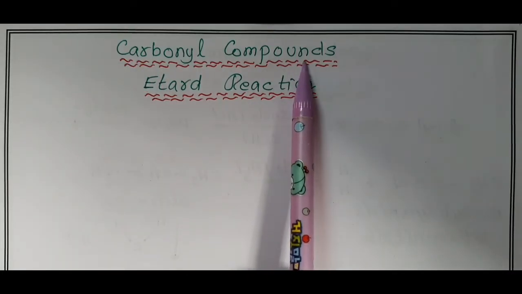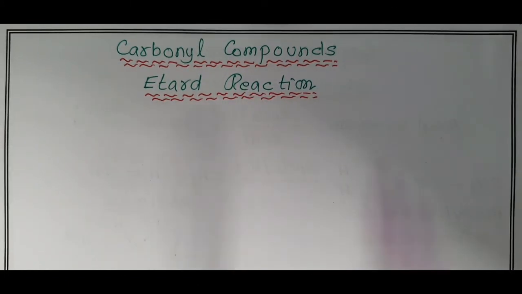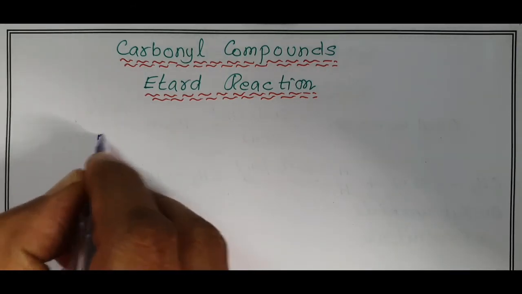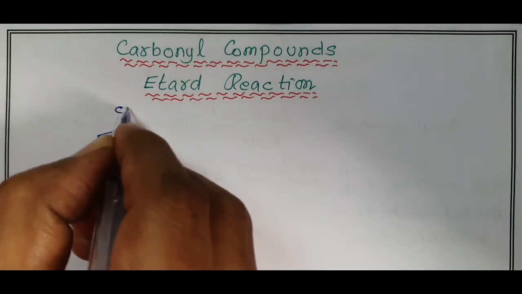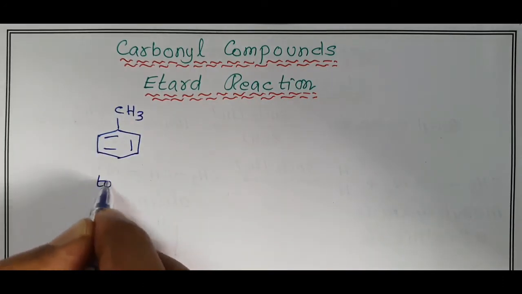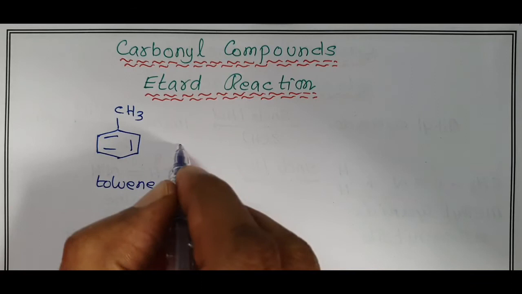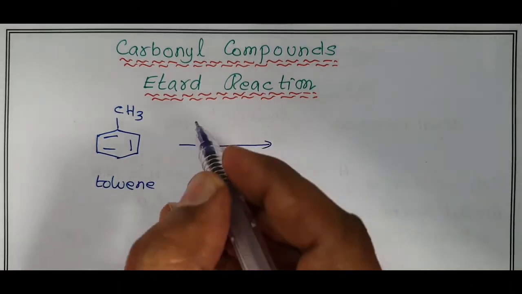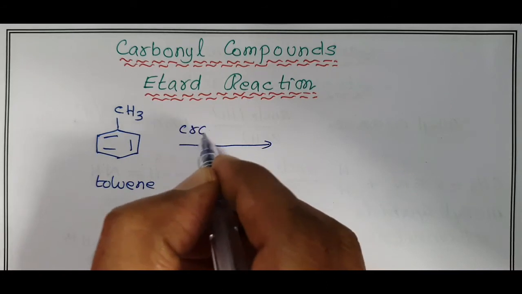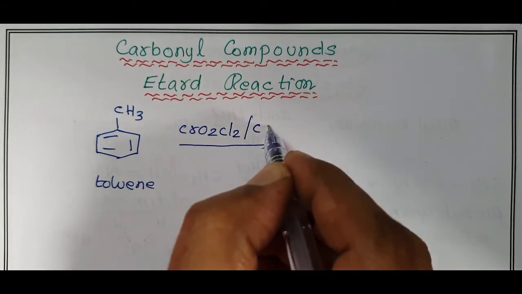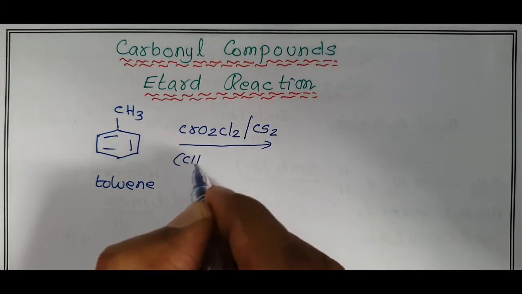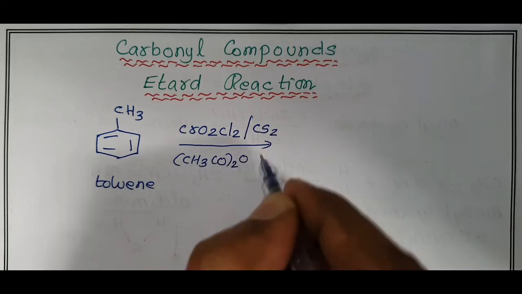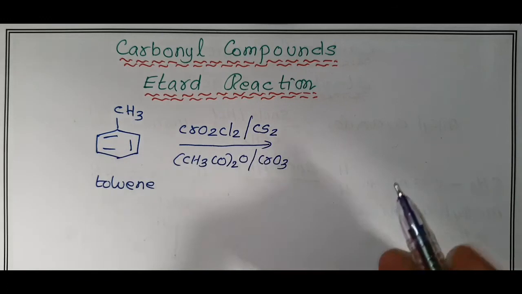In this we are going to discuss the Etard reaction. The Etard reaction is an oxidation reaction of a side chain derivative of benzene, nothing but toluene, which is oxidized followed by hydrolysis in the presence of chromyl chloride dissolved in carbon disulfide or carbon tetrachloride, or acetic anhydride (CH3CO)2O in the presence of CrO3.